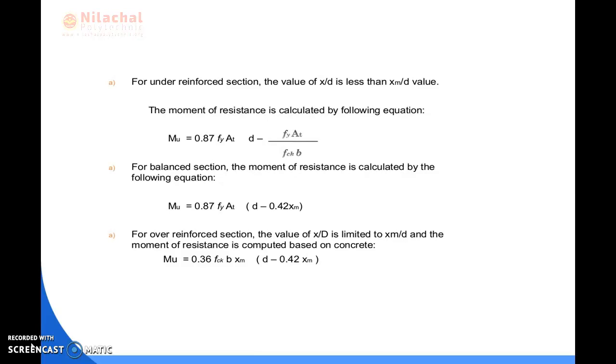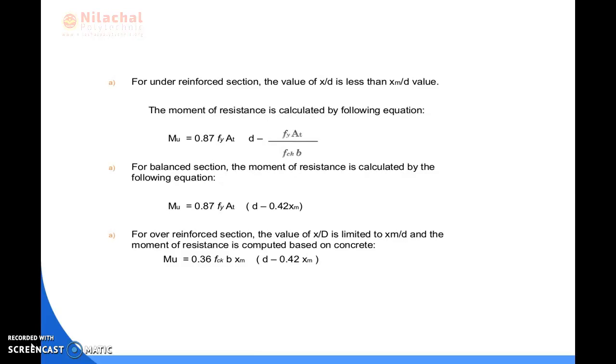For an under-reinforced section, the moment of resistance is calculated by Mu equals 0.87 fy Ast d minus fy Ast by fck b. In the code book, Ast is written as Ast. The formula is available in IS 456:2000, page number 96.